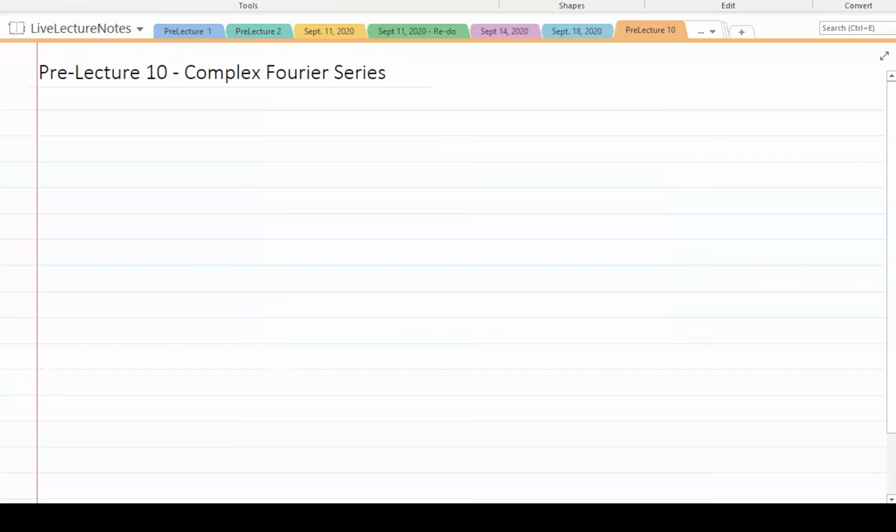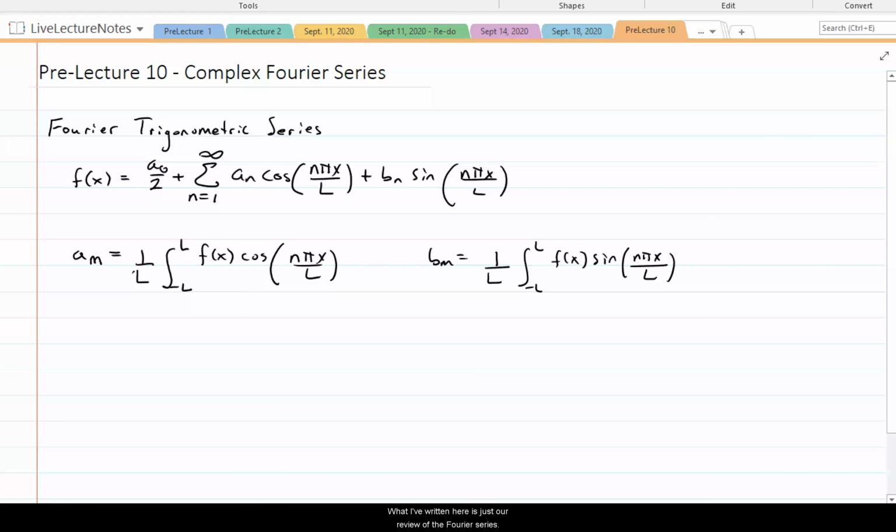All right, so this semester we started with the Fourier series, what we call the Fourier trigonometric series. What I've written here is just our review of the Fourier series using cosines and sines.